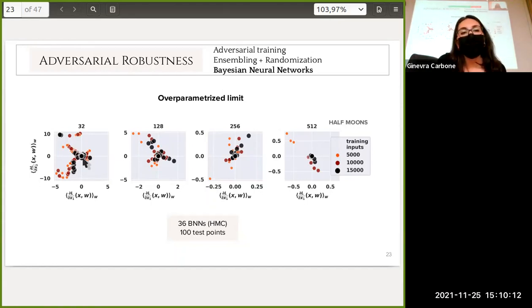Now, we are computing the gradients of the loss with respect to the input. Sorry for the different notation. This just means the expectation, an expected value, on a half-moons dataset, which is a dataset of bidimensional data points. So we are visualizing both of them. And as you can see, if we go towards the overparametrized limit, all the components shrink to 0, which is what we proved theoretically.